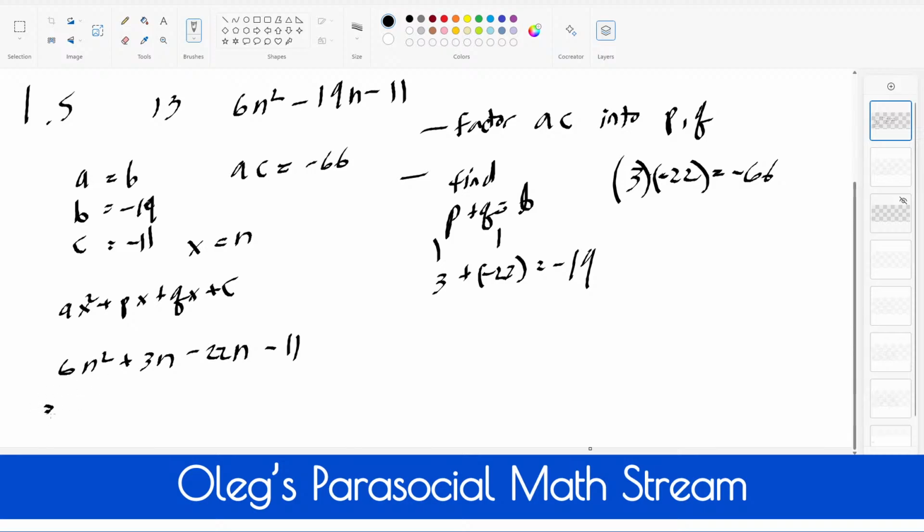Well, we can pull out a 3n, and that gives us 2n plus 1, and then we're going to say minus. What can we pull out here? Well, we can pull out 11, or we can pull out a negative 11. It's even better. Negative 11.